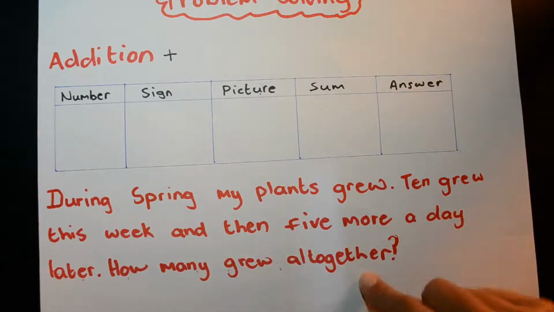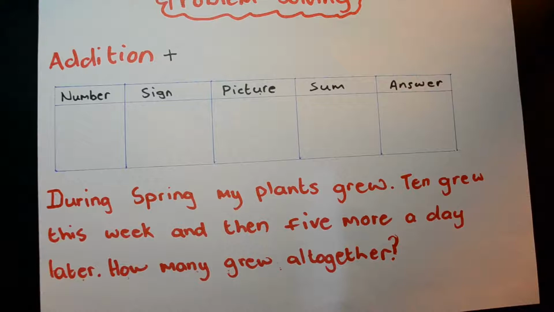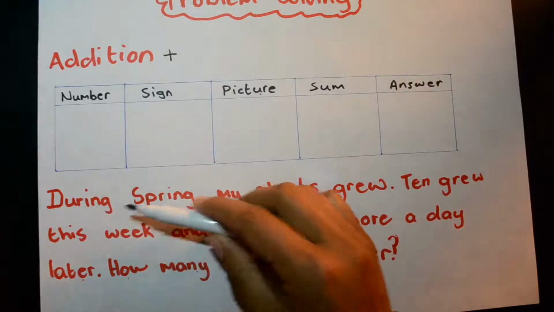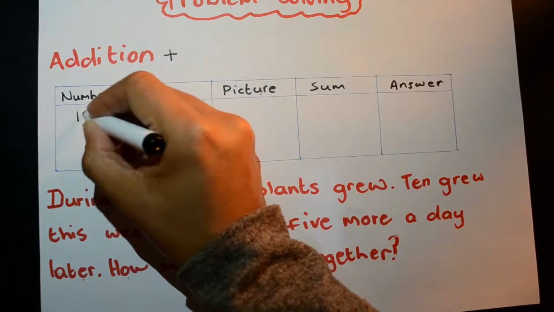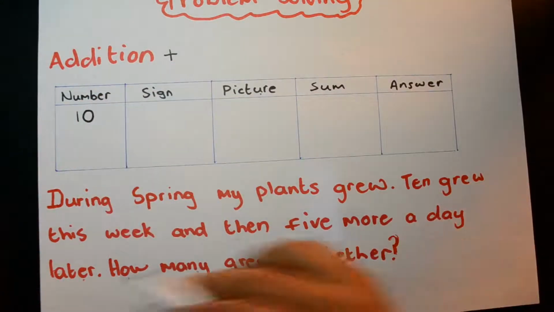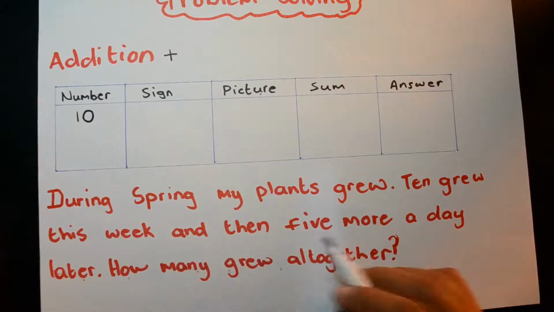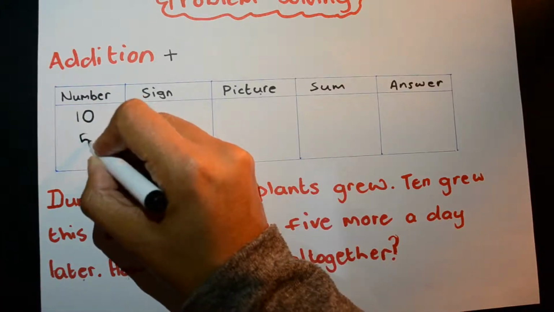How many grew altogether? So I did explain to you that when you come to a word problem, you need to see what numbers are in the word problem. So our first number here as we're reading is the number 10. So we find the number 10 there and we write it down. 10 grew this week, and then 5 more, and the next number is 5.